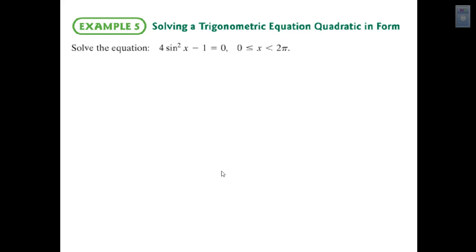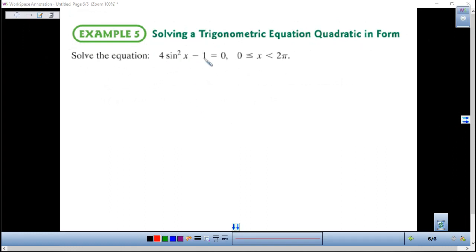Alright, let's do another one of these. We got 4 sine squared x minus 1 equals 0. So I'm just going to plug in u in place of the sine x. So I'm letting u equal sine x.